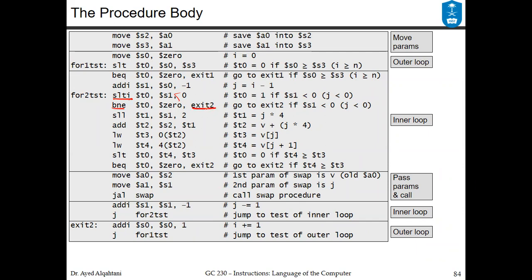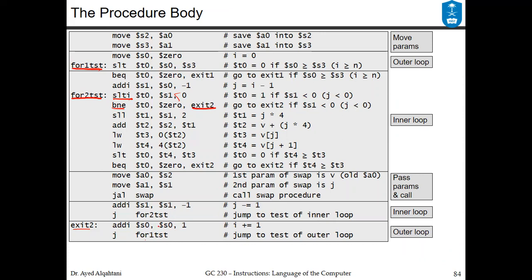Exit 2 should be the label that will send you back to the first for. This is the label for the first for loop, and this is the label for the beginning of the second for loop. You can notice that when you exit, you need to add immediate I to itself by 1, which is an increment.